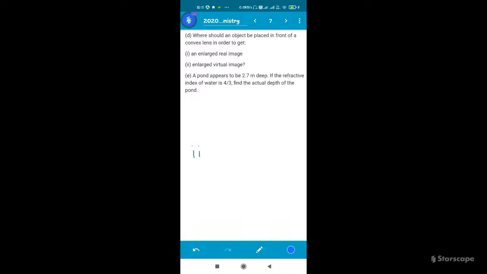First of all, I am doing question number 2 because it is much more obvious. So for an enlarged virtual image, we get a virtual image for a convex lens only under one condition, when the object is between our focus and our optical center, so between F and O. Now for our first question, an enlarged real image.